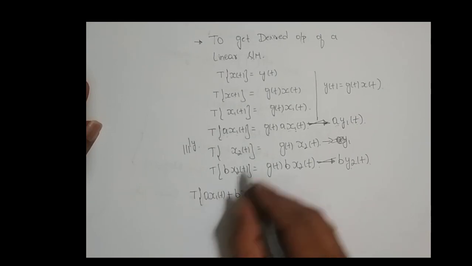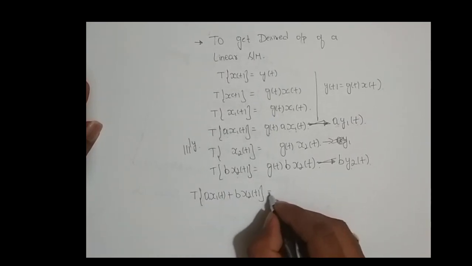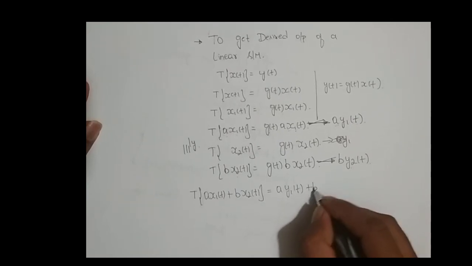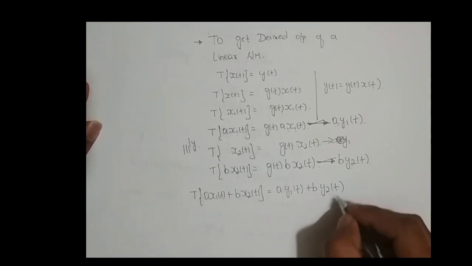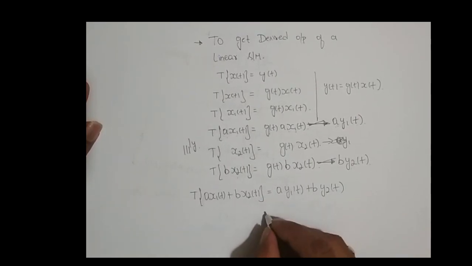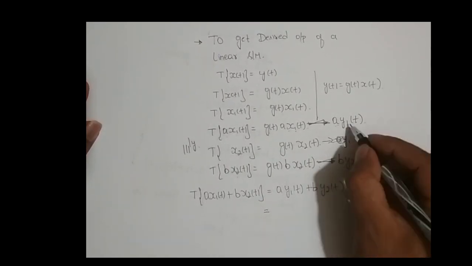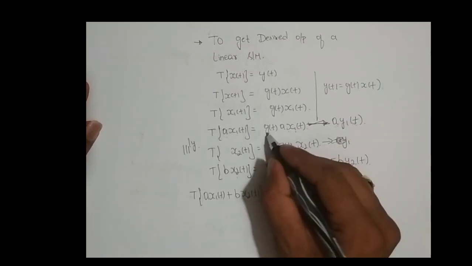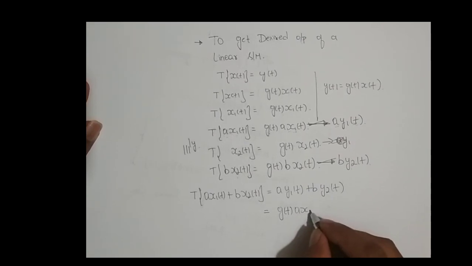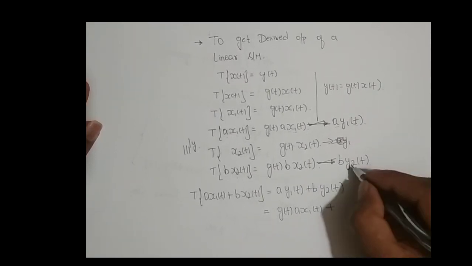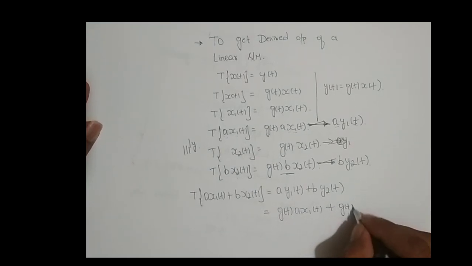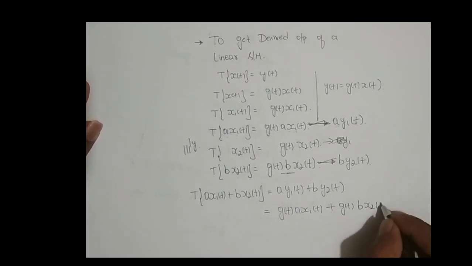Now if I combine these scaled inputs, I should get a times y1 of t plus b times y2 of t, again as per the definition of the linearity property. And this is equal to a times y1 of t, which is nothing but g of t into a times x1 of t, plus b times y2 of t, which is g of t into b times x2 of t.